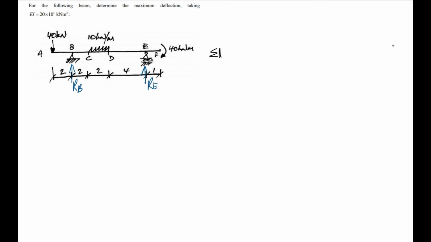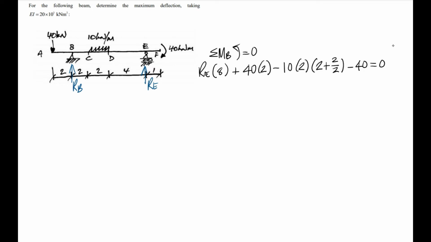So we're taking moment at B equal to 0: RE times 8 plus 40 times 2 minus 10 times 2 times (2 plus 2 divided by 2) minus 40 equal to 0. So RE is equal to 2.5 kilonewton.